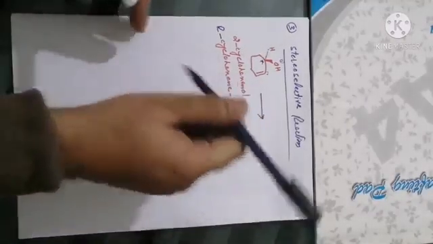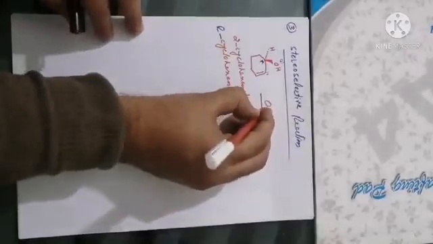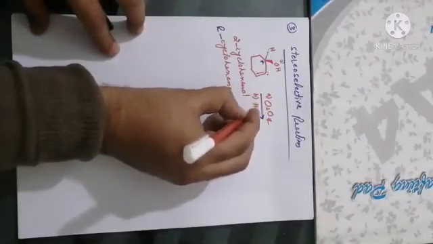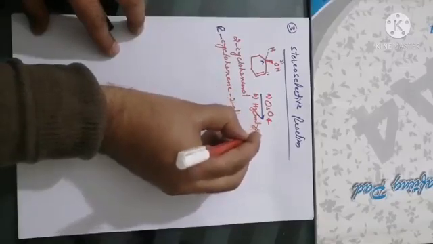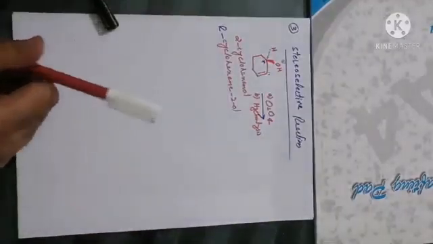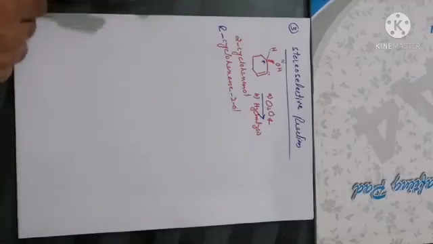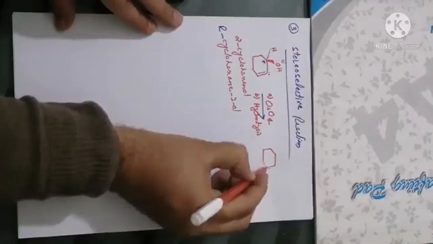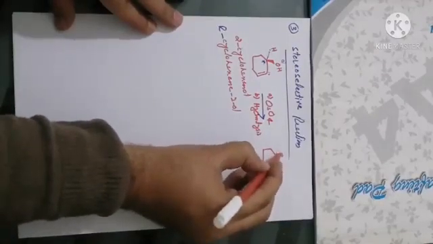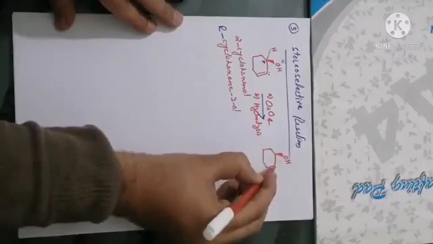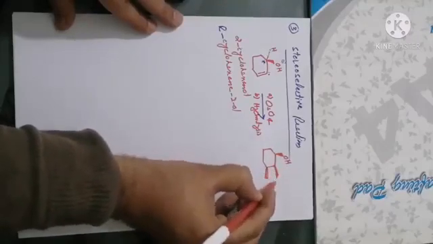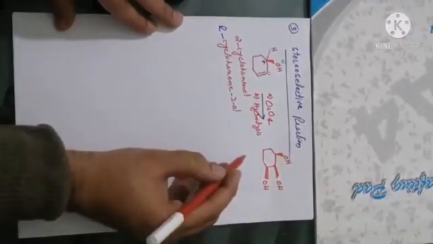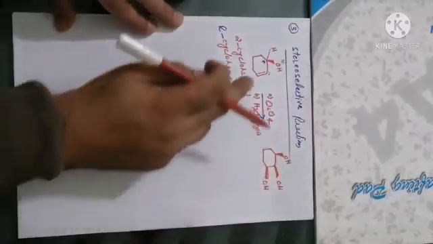Upon reaction with osmium tetroxide in the first stage, and then upon hydrolysis, what will be the product? We are getting two products. In the first product, two hydroxyl groups are on the upper face or the front side of this olefinic double bond.